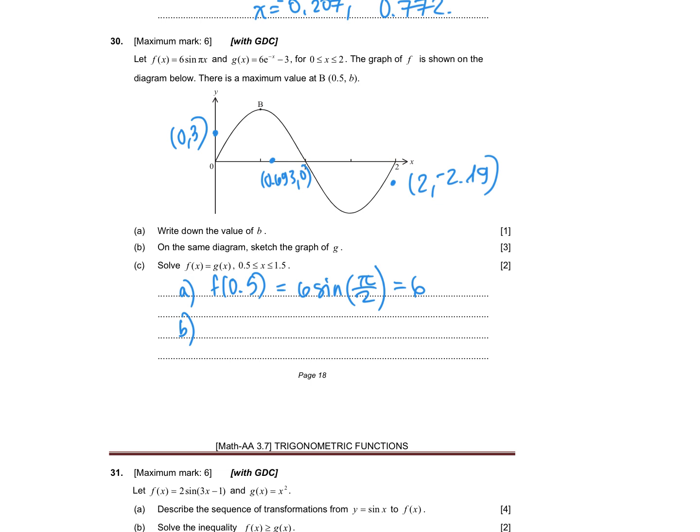So the first one is at 0.125, 2.30. The next one is at 1.05, negative 0.896.